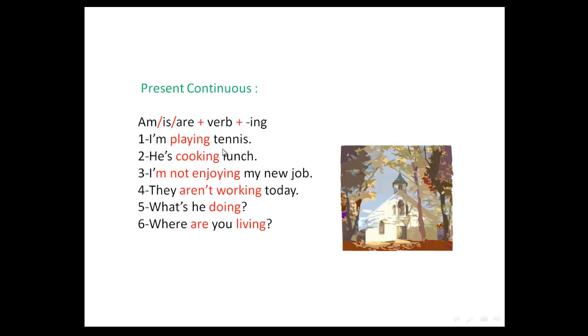Verb to be in the present, am, is, are, plus the main verb plus ing at the end of the full verb. Example number 1, I am playing tennis. Here we have the verb play, then we add ing at the end of it. So the sentence says, I am playing tennis.